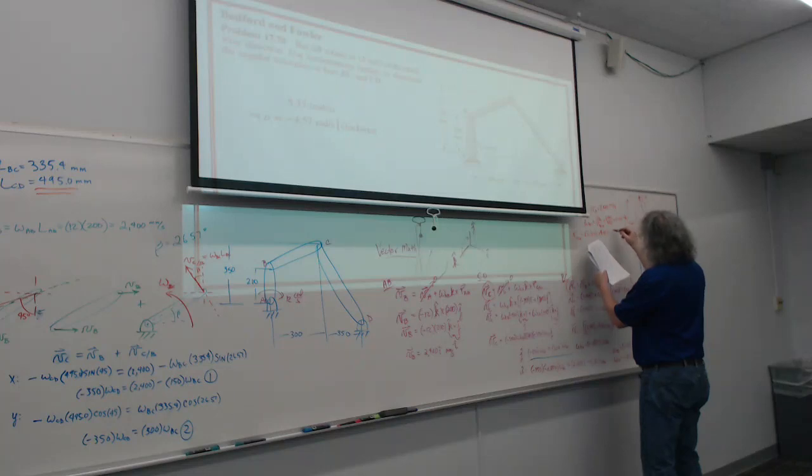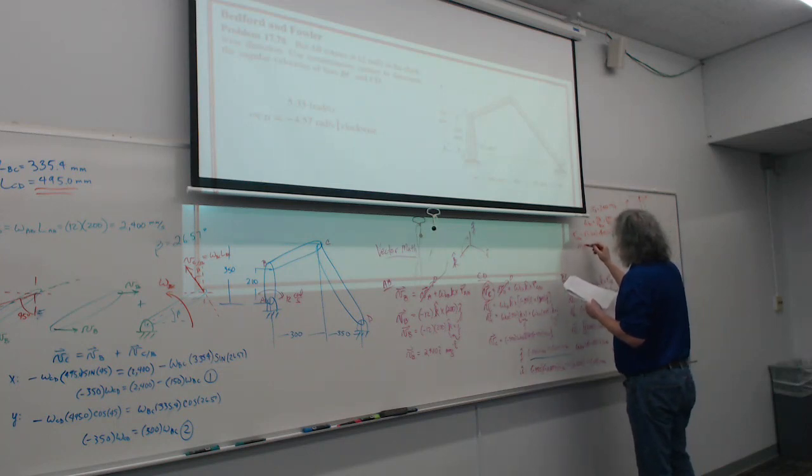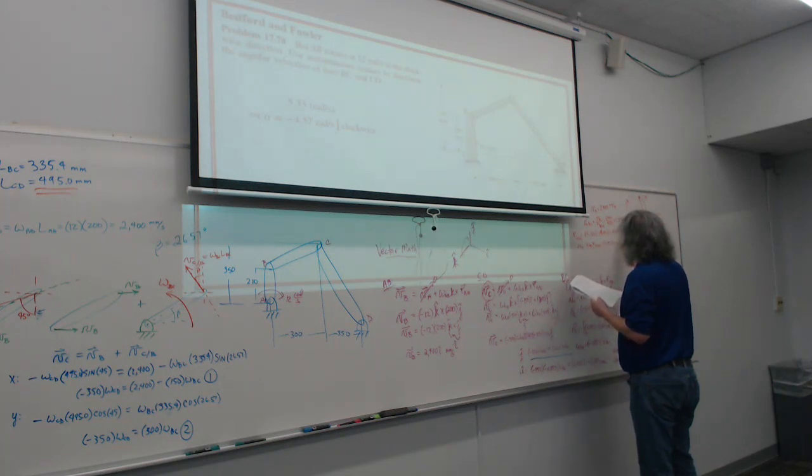So we end up with 424.27 millimeters. So we could find the velocity of C is going to be omega BC times R of C with respect to ICR, or 5.333 times 424.27. So that's going to be equal to 2,263 millimeters per second.